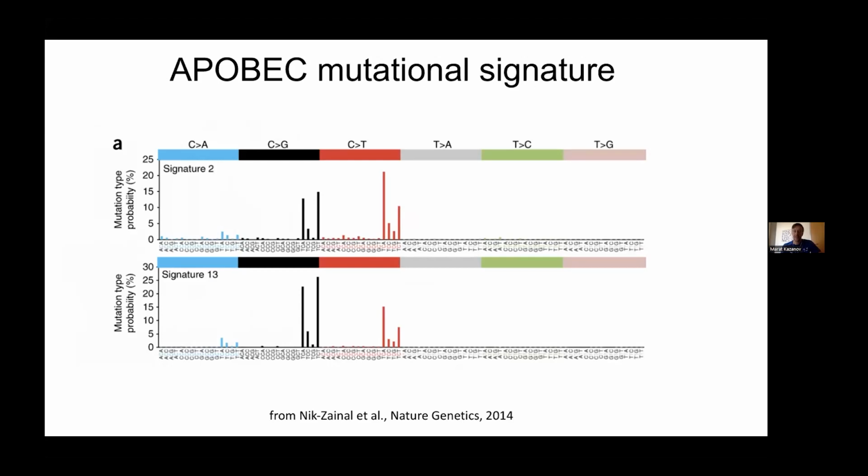When researchers studied mutations in cancer genomes, they found different so-called mutational signatures, and these are two signatures from the so-called COSMIC database. Signature 2 and signature 13 are associated with Apobec activity. Here you can see that there is a high probability of mutation of cytosine into guanine and thymine.